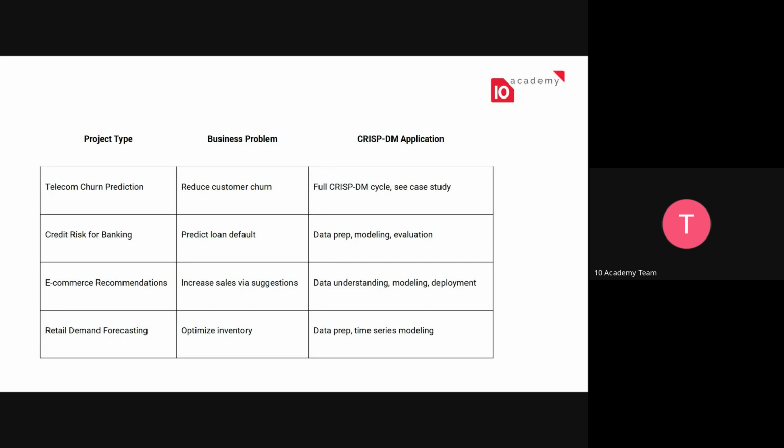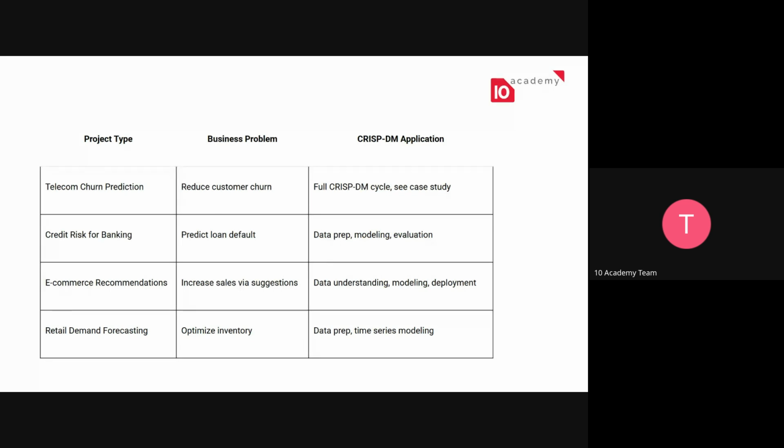And retail demand forecasting, which means what type of demand a specific retail business will see over the next specific months. The business problem here is to optimize inventory.